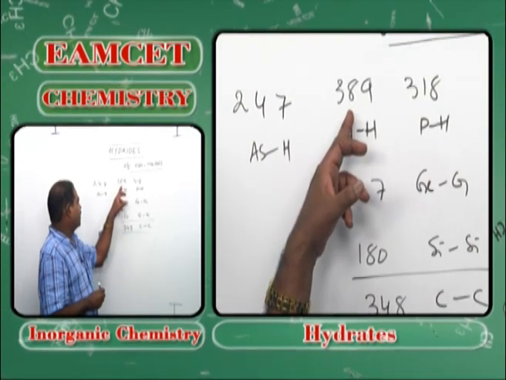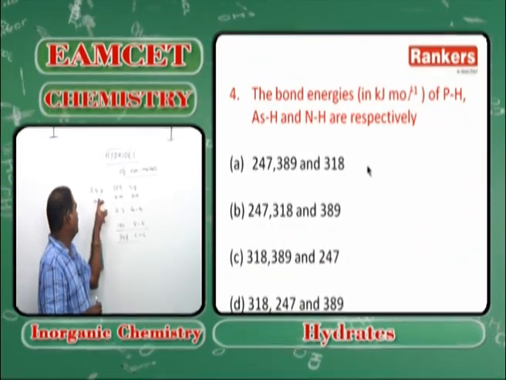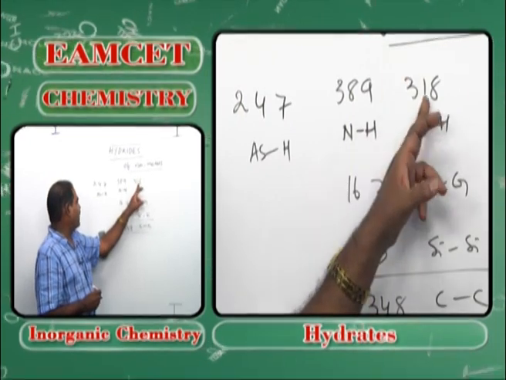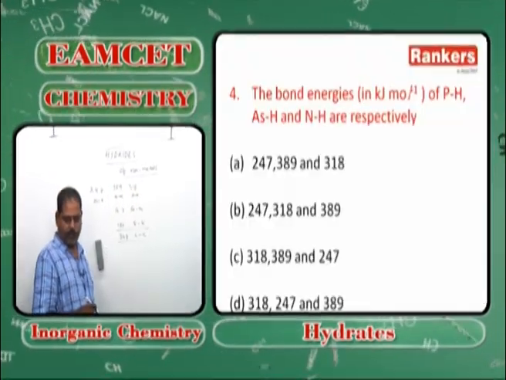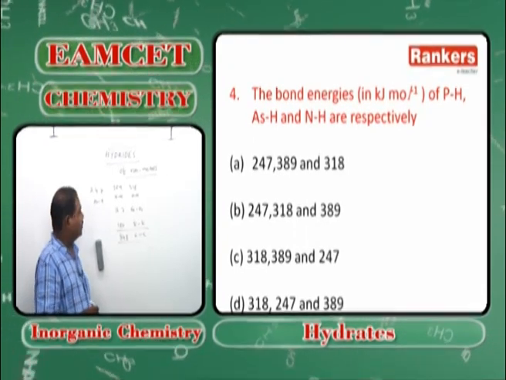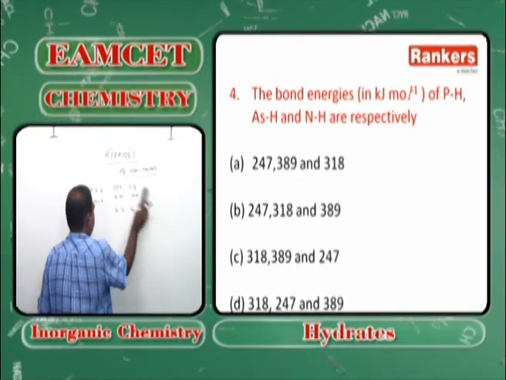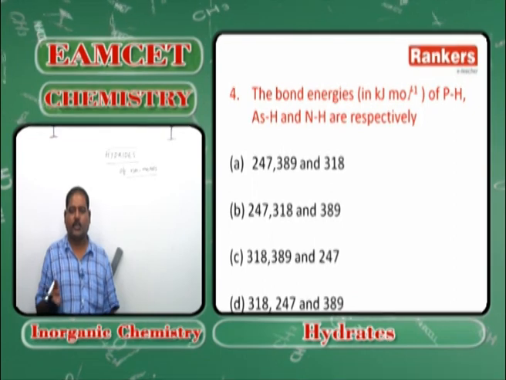So, 389 must be at the end, AsH3 in the middle, and the question starts with PH3, therefore 318, 247, 389. Maybe in D. 318, 247, 389. Option is D.